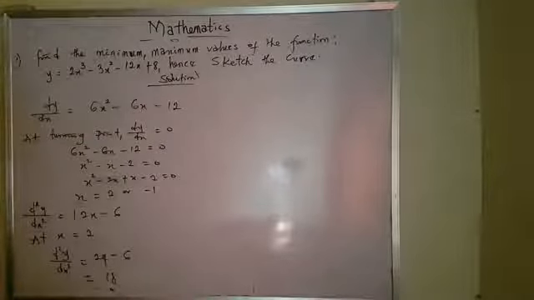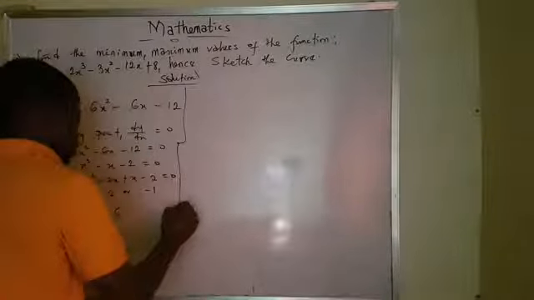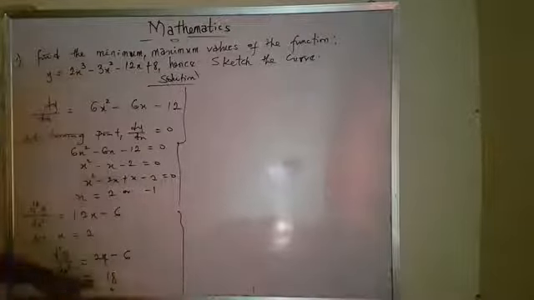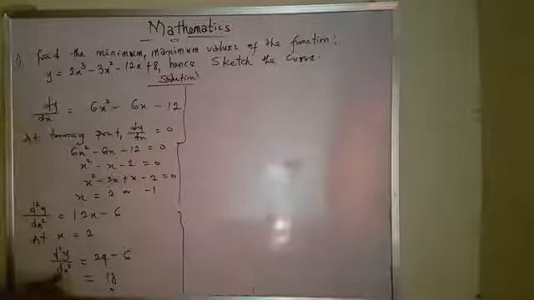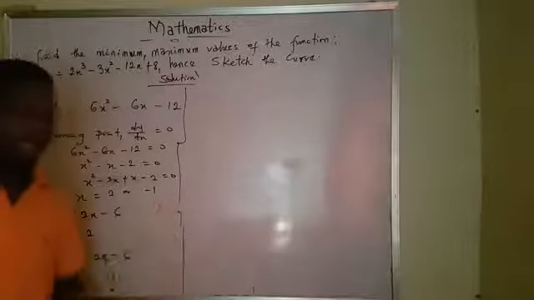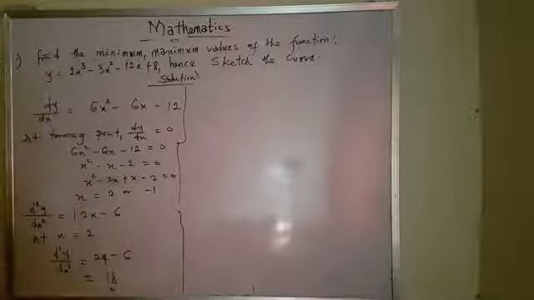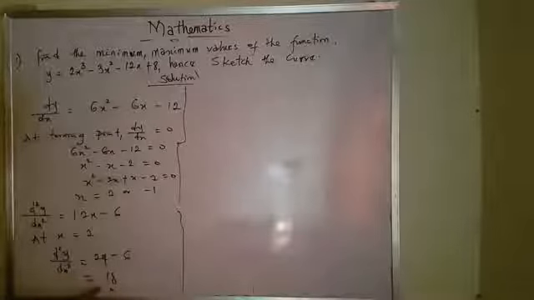It is 18. Good. Because it is 18, what does that show? We say another condition 1, that when our d squared y by dx squared is negative, it's a maximum value. When it is positive, it's a minimum value. Here, this shows that we have a minimum value.